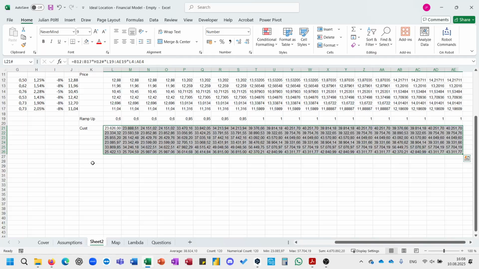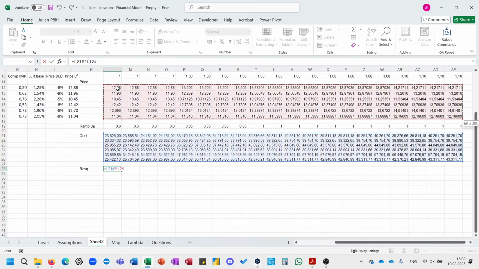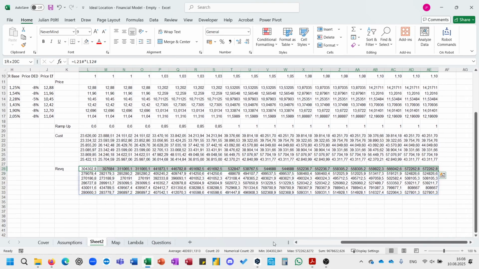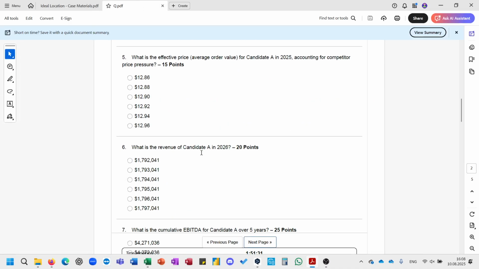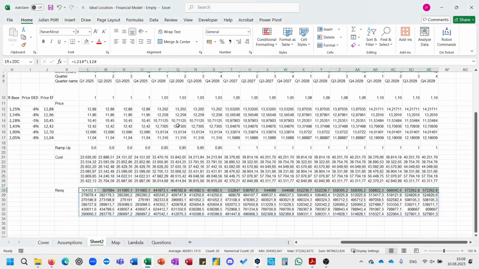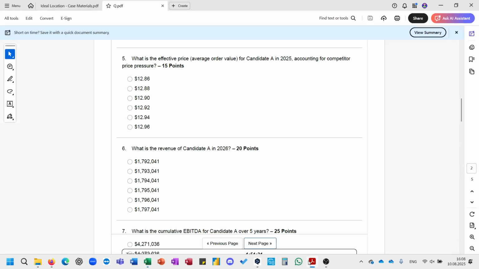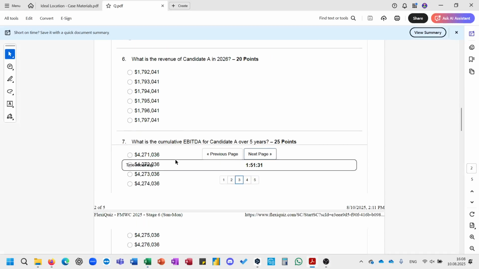And we get to our customers, and then revenue is the customers multiplied with price increase. And for the problem, revenue for A in 2026: 2026 is starting here, and the revenue is 1.792.04, so it's answer A, as you can see here.